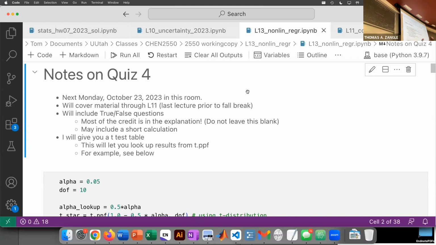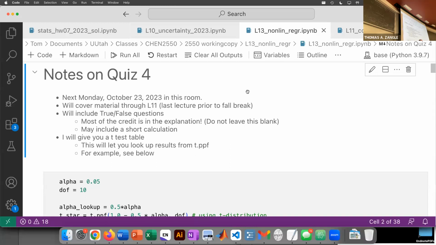Just another note on quiz 4 is that I'm going to be including some true-false questions, which we haven't seen on previous quizzes. There have been some yes, no, does this make sense or not questions, but you'll see some true-false questions. In the box, I'm really just looking for you to say true or false. So your final answer is just true or false, but I still want to see your explanation in the space provided underneath the question.